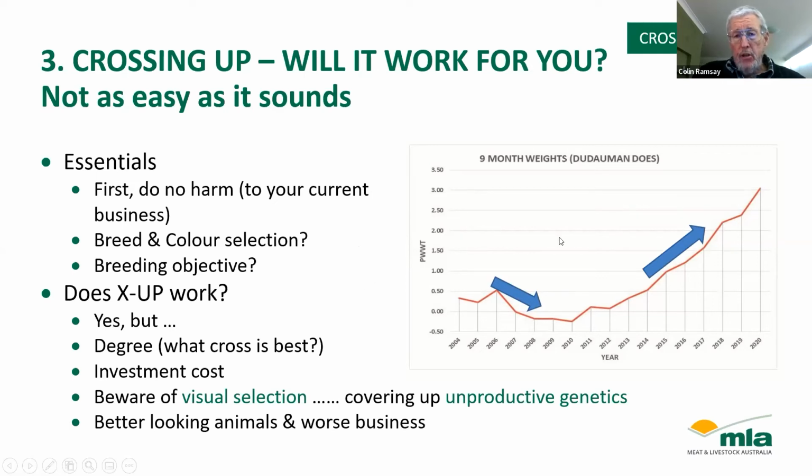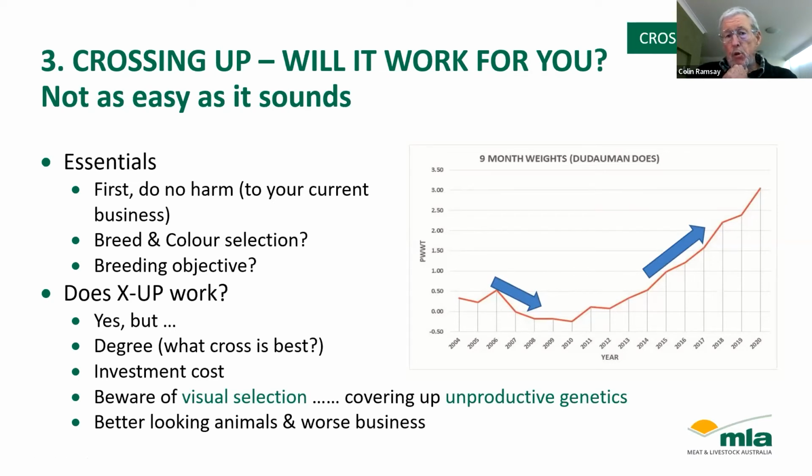I want to go back to that first productivity chart I showed you and just tune you in to those dates again. We started in 1999 back here. For the first 8 or 10 years, the productivity of this portion of the herd actually declined.